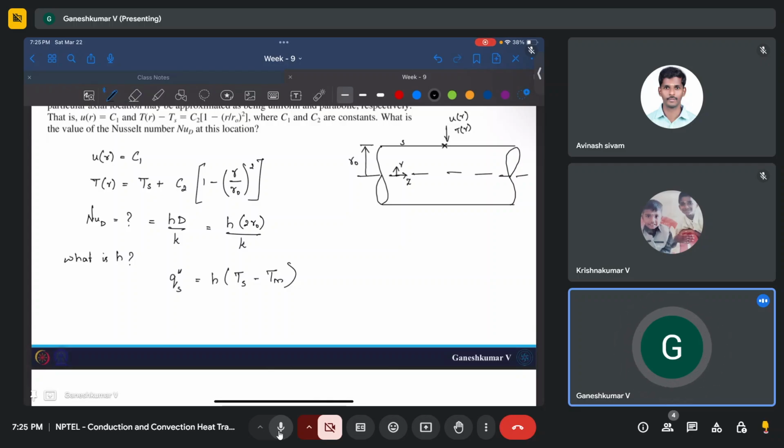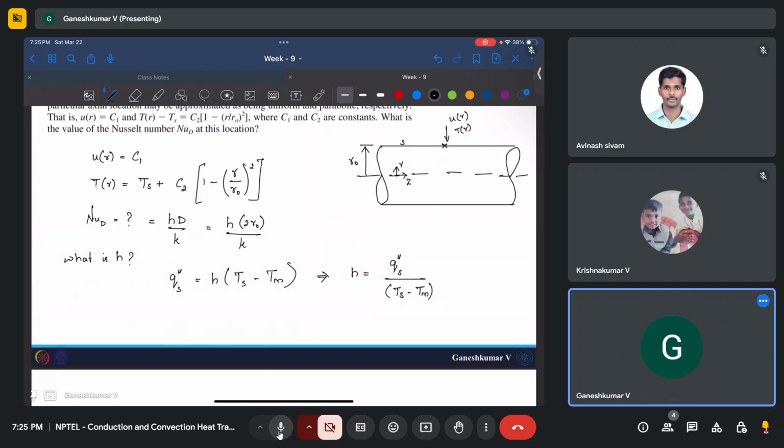This is how heat flux is defined. So we can write h as heat flux divided by Ts minus Tm. Tm is the bulk mean temperature.